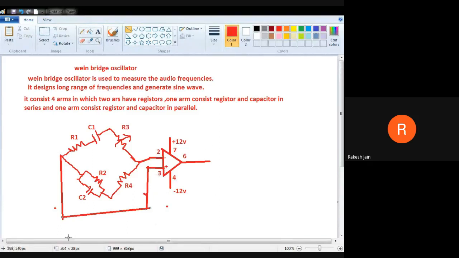Yes, and here we require the supply of plus 12 and minus 12. The feedback can be achieved via the 6th number pin connected with the capacitor, this one, and this point where the resistors R2 and R4 are connected is connected with the output point, negative point, ground point, we can say, this point.